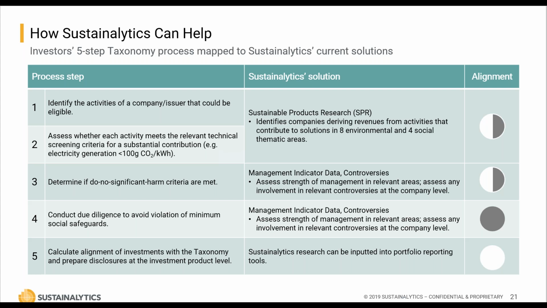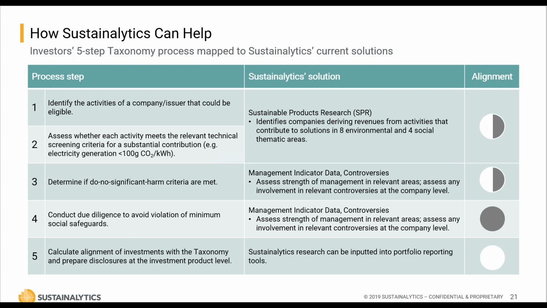And here again, our sustainable products research can take investors at least part of the way. This research tracks corporate revenues from products related to 8 environmental themes that we've identified: renewable energy, sustainable water, etc. Our categories link directly to about half of the activities in the taxonomy. And in the next slide, I'll speak to the degree of alignment there.